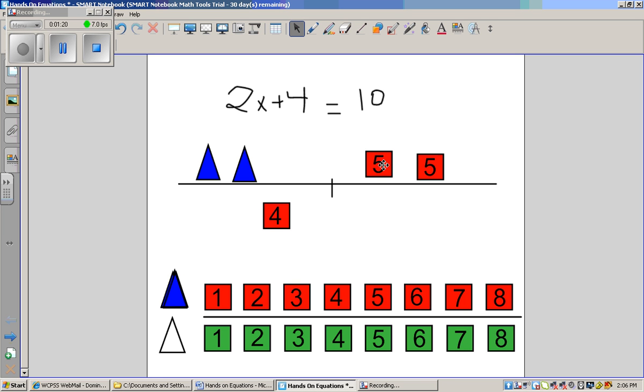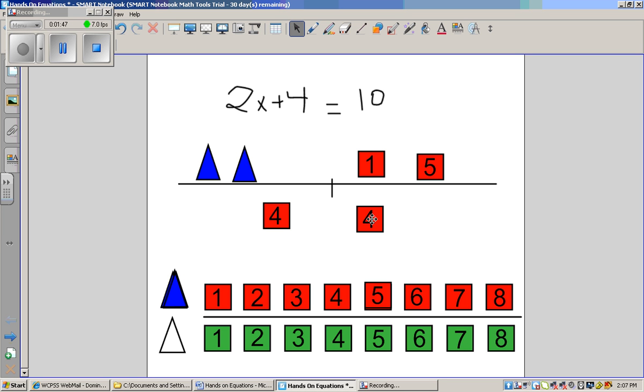On the right side of my balance, if I take away 4 from one of these 5s, I would be left with 1 on my balance and show the 4 that I took away. So when I look at my balance now, I have 2x equals 6. Each x would have to then equal 3, because 3 plus 3 equals 6.